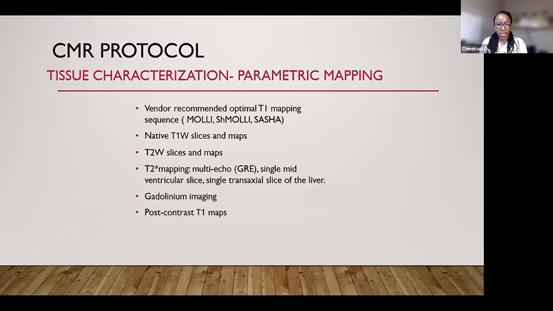Gadolinium-based contrast agents are used in cardiac MRI, and from gadolinium imaging there are two or three factors and indices that we derive to help us diagnose the patient and answer the clinical question. The first is that we can test how the myocardium responds to the infusion of gadolinium. Gadolinium is a substance that, when infused through vessels, goes in with the blood flow into the bed of the myocardium.